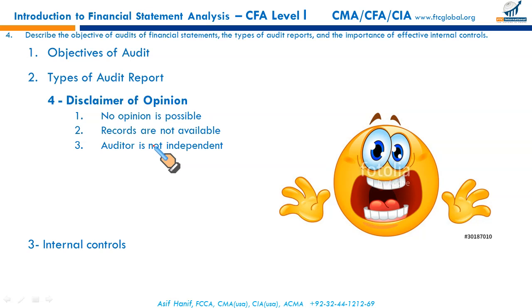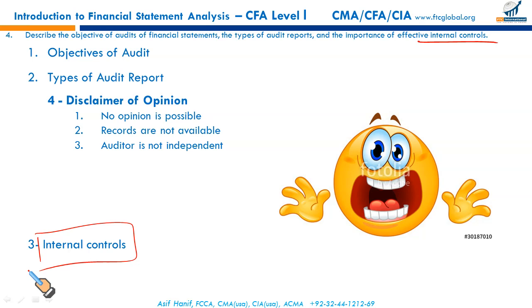Then the last part of LOS is related to internal controls. Internal controls is a system of check and balance in an organization that ensures that the financial statements will be prepared as per the US GAAP, management policies will be followed, and assets will be protected and safeguarded.